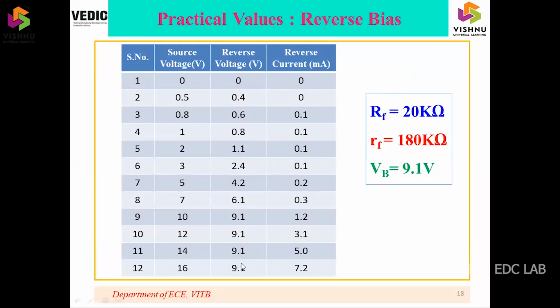After the breakdown voltage, even though the supply voltage increases, the voltage across the Zener diode is constant, whereas there is a change in current. Hence the breakdown voltage for this particular diode is 9.1 volts.